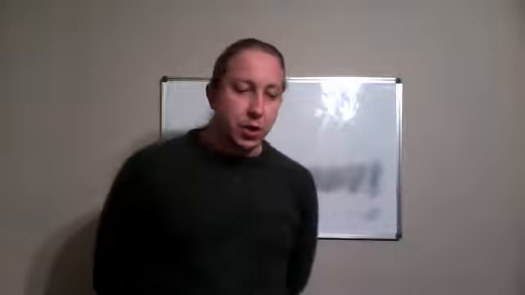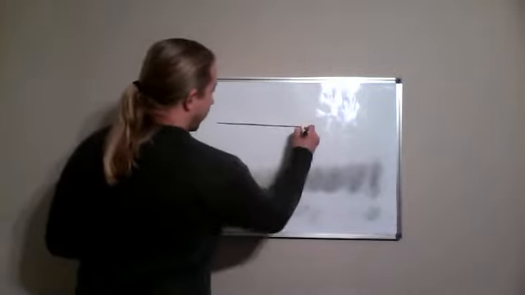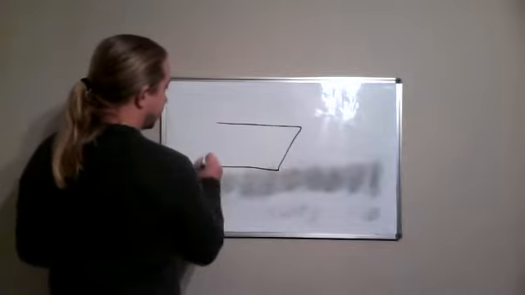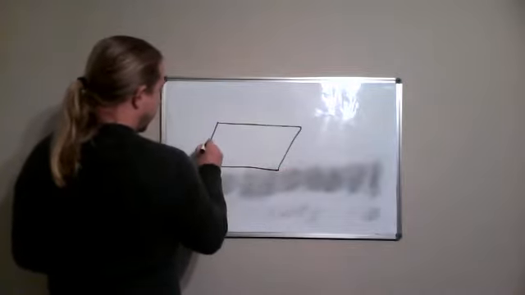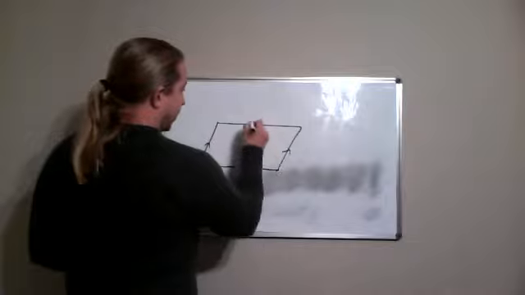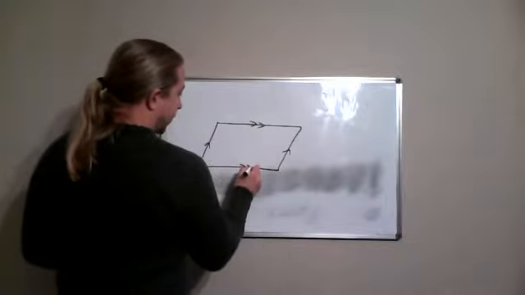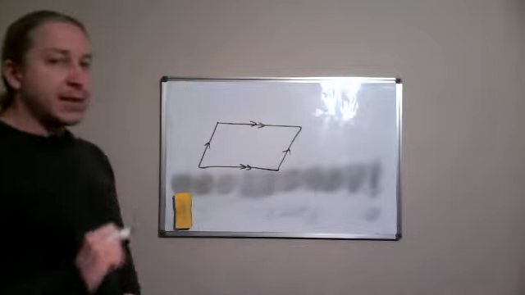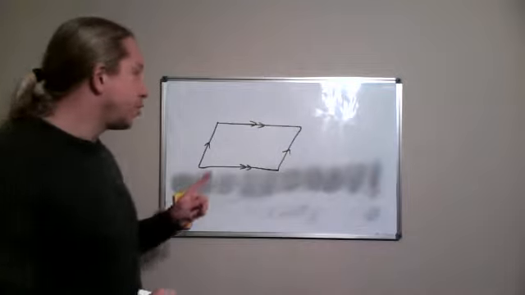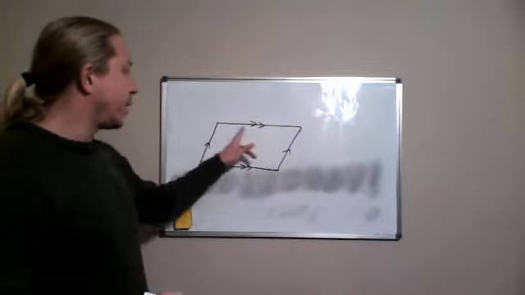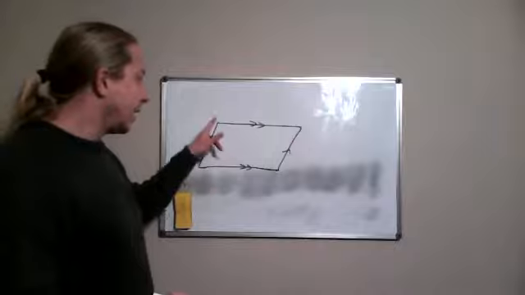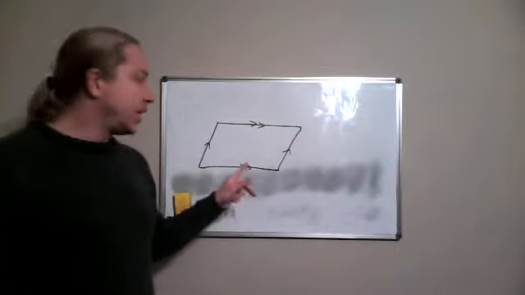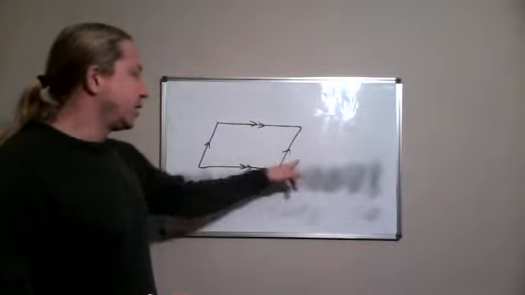Remember, the property of a parallelogram is that two opposite sides are parallel. So that's parallel to that, and that's parallel to that. Now they tell us two sides. Well, remember, if these two sides are parallel and these two are parallel, then these two are equal and these two are equal.